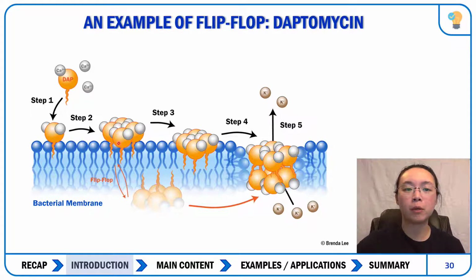So you have some on top, some on bottom, and the tails for daptomycin, as they come closer and closer together because the membrane is very fluid, are going to start sinking into the bilayer so that they form an octamer. And this octamer actually forms an ion channel, which causes ion leakage, therefore killing the bacteria through membrane depolarization.